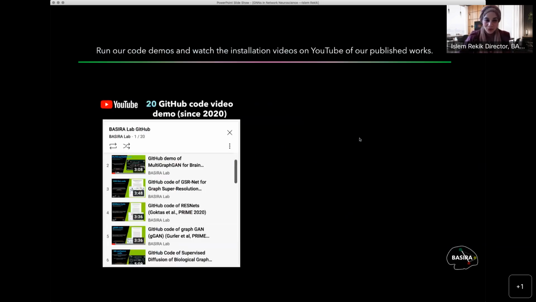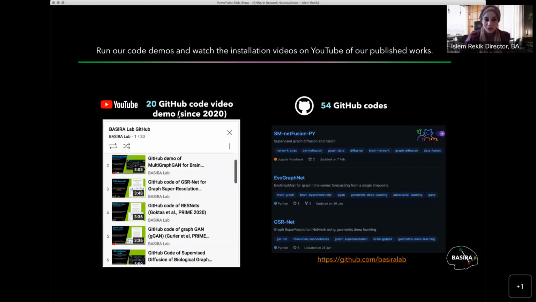Today, I'm just going to give you an overview. If you're interested also in running the codes, you can see how to run the code by checking the code videos, and you also have access to the codes on the Basira Lab GitHub. So we try to support open science along multiple directions.